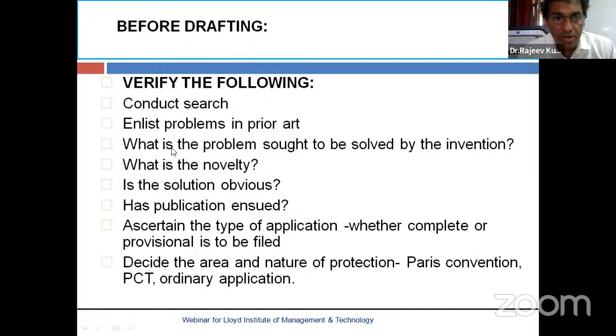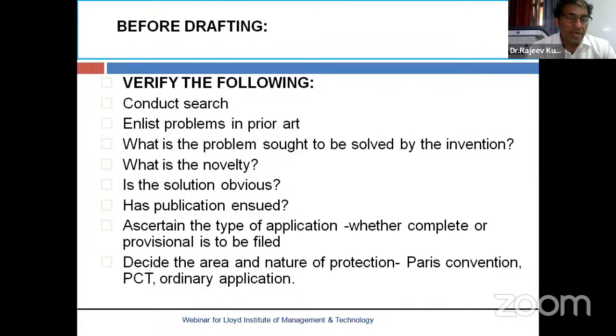So next, what is the problem sought to be solved by the invention? You should be very sure what problem your invention is going to solve, and where the novelty lies. How is it novel? And you have to be very sure that the solution should not be obvious, for getting it patented.